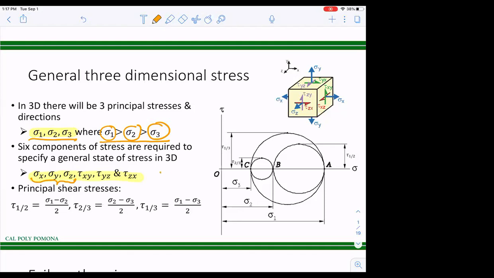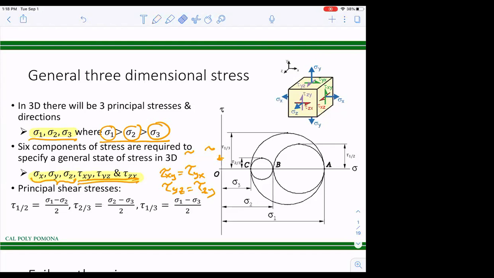You will see that tau xy is equal to tau yx. Tau yz is equal to tau zy, and tau zx is equal to tau xz. So you're going to end up having 3 shear stress components. So you have 3 normal stress components, 3 shear stress components, okay?